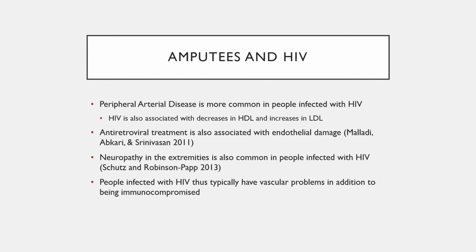So these patients, you really need to see them more frequently and be very thorough when inspecting their residual limbs to make sure that you don't see any signs of irritation. So those are just some additional factors that we have to take into account when treating amputees who are infected with HIV.